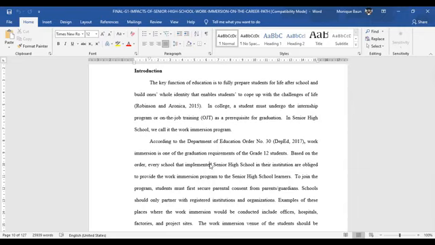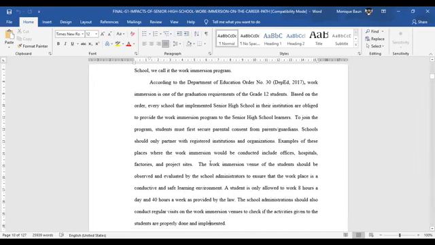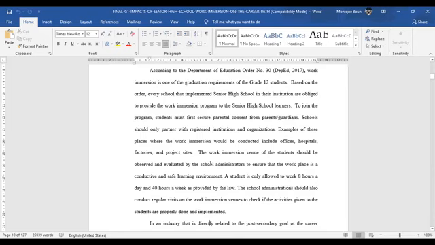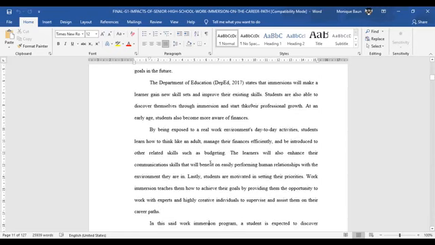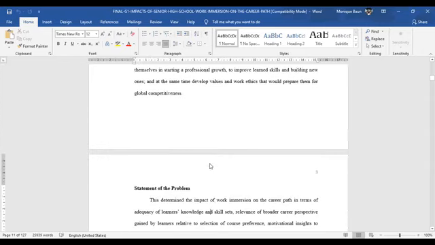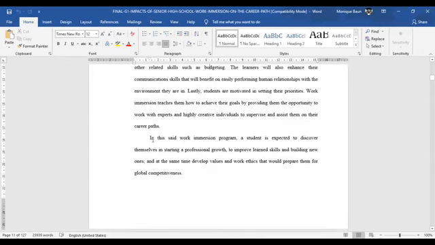But make sure that your RRL in chapter 1 will not be included in chapter 2, so that we can avoid redundancy. After the definition, we have the DepEd, and this one.